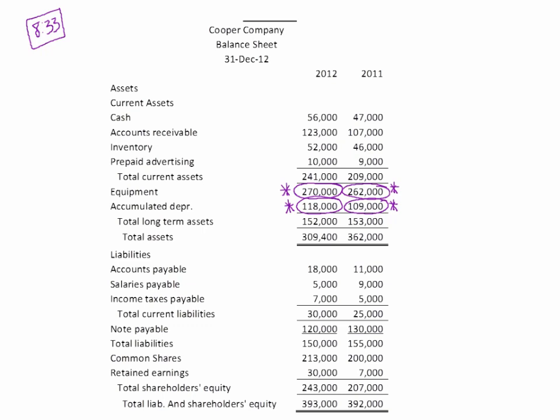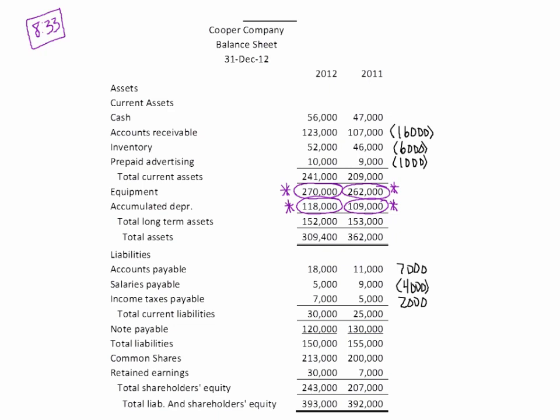So we know that this is negative $16,000. Just a second, guys. Negative $6,000. Negative $1,000. Then I've got positive $7,000. I've got negative $4,000. I've got positive $2,000.